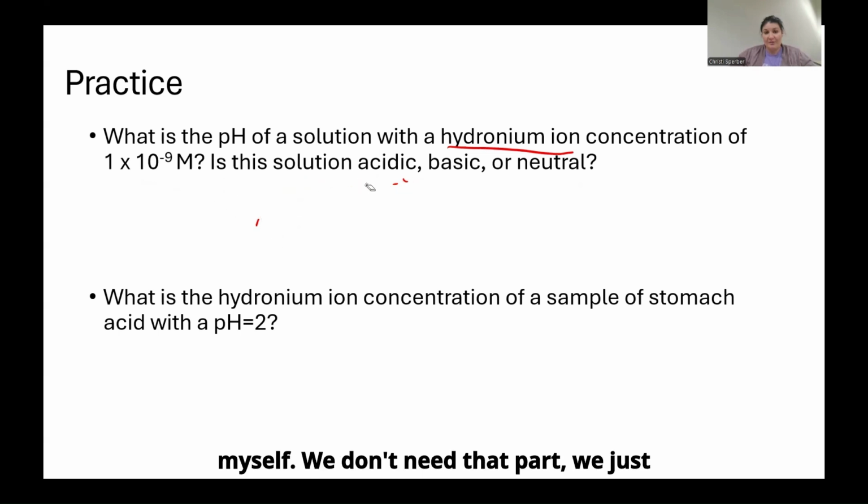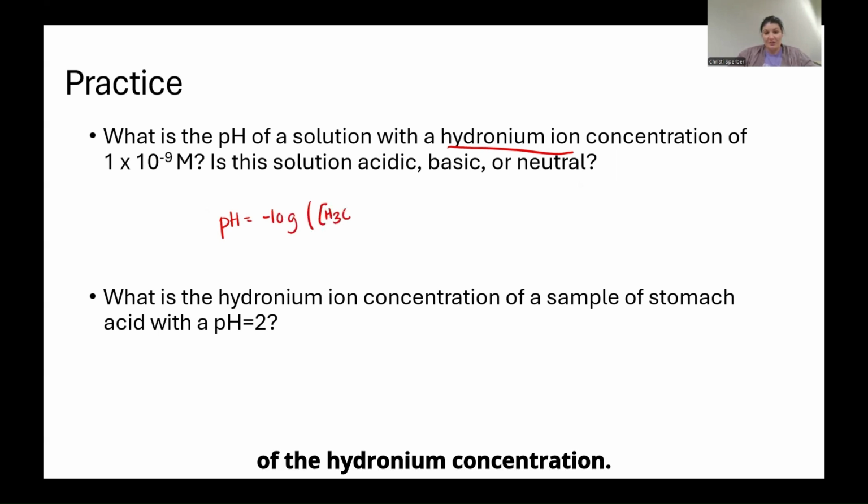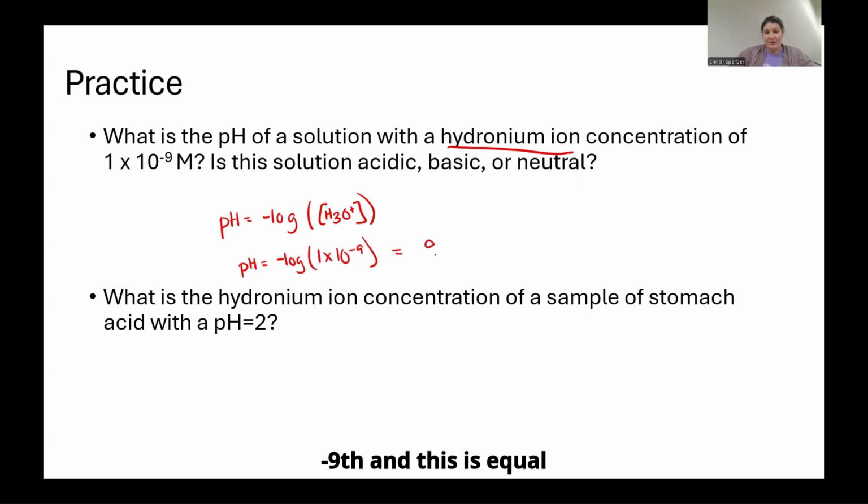We don't need that part. We just need to find out the pH using our equation. So pH is equal to negative log of the hydronium concentration. So pH is equal to the negative log of 1 times 10 to the negative 9th, and this is equal to 9.0. So the pH of this solution is 9.